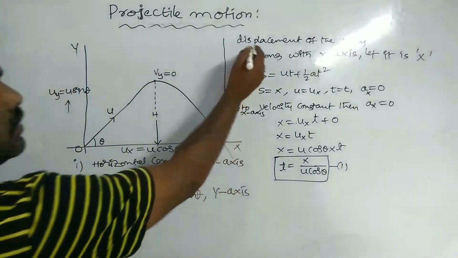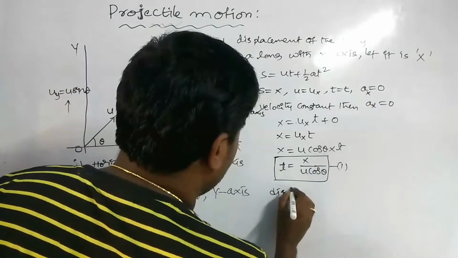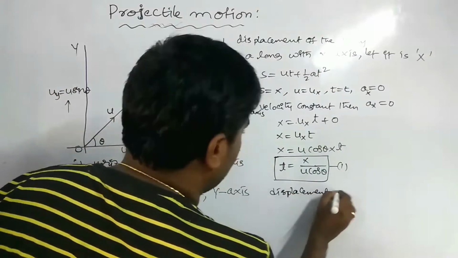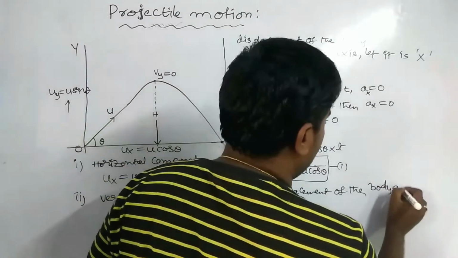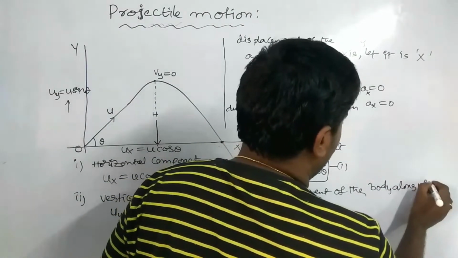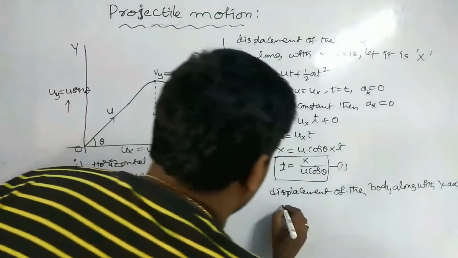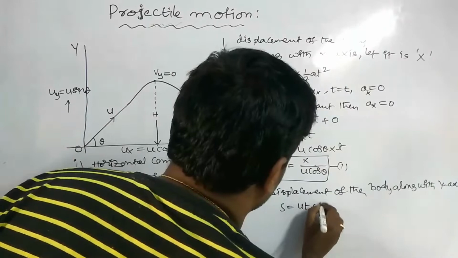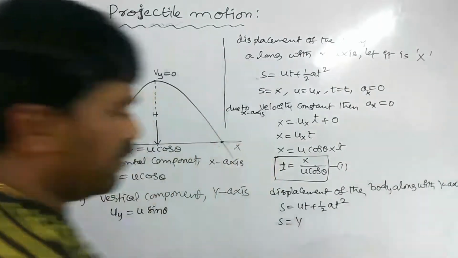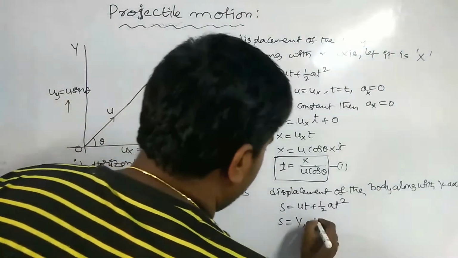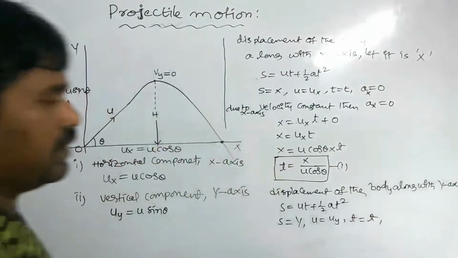And the displacement of the body along the y-axis, let it be displacement of the body along the y-axis. Along the y-axis, from s is equal to ut plus half at square, where s is along the y-axis, let it be sy, and u is equal to uy, and t is equal to t here, right?